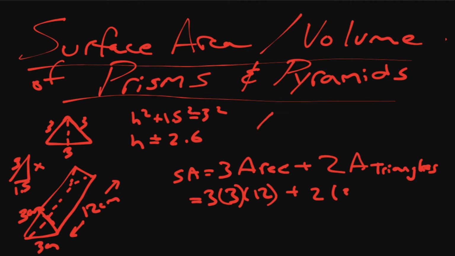So we have the triangle like this. So this is 2.6, and then this length like that is 3. So we're left with 2 times the base, which is 3, times height, divided by 2.